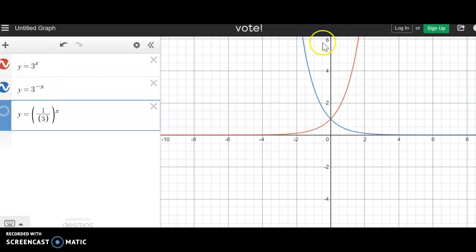Y equals 3 to the negative x is the blue graph. And y equals 1/3 to the x is going to be a green graph. And watch, it'll be the same one as the blue. See it? Whether I take the green one away or put it back, they're the same. Y equals 3 to the negative x and y equals 1/3 to the x is the same graph. Okay?